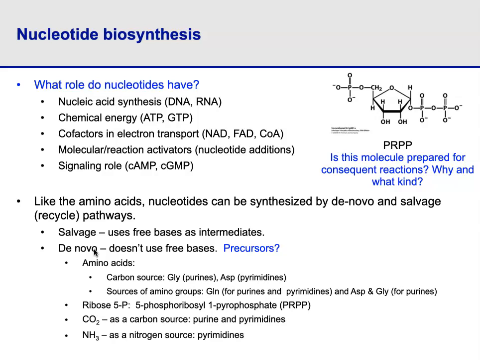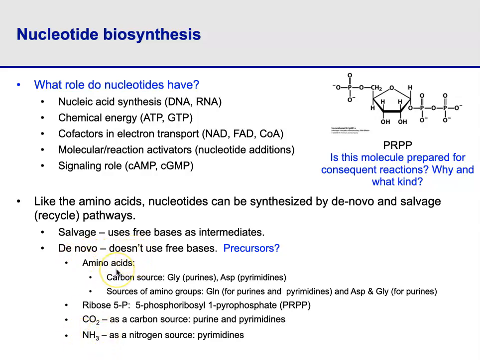An important thing that we need to focus on is to try to understand what nucleotides are made of, what the precursors are. And there are four major precursors: amino acids, ribose 5-phosphate, carbon dioxide, and ammonium.